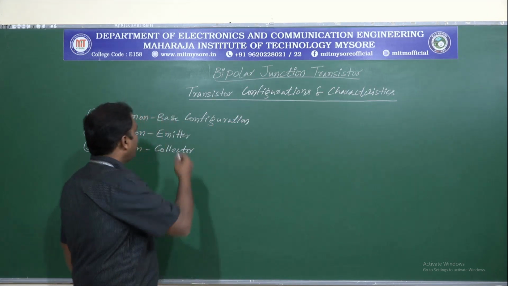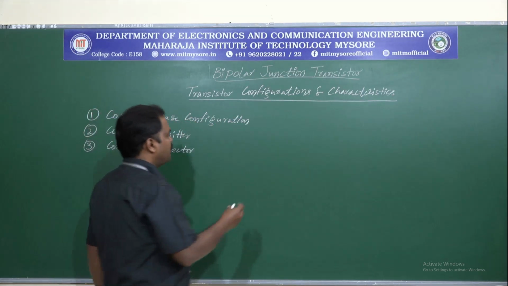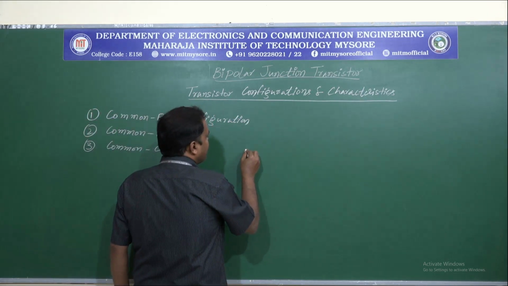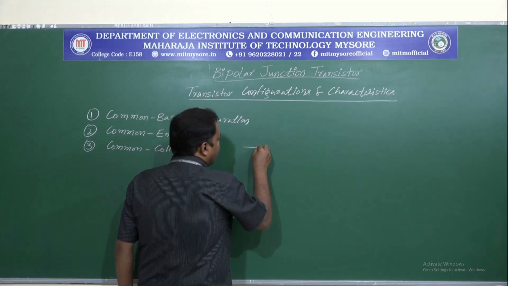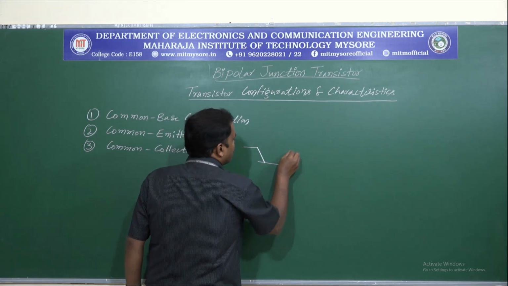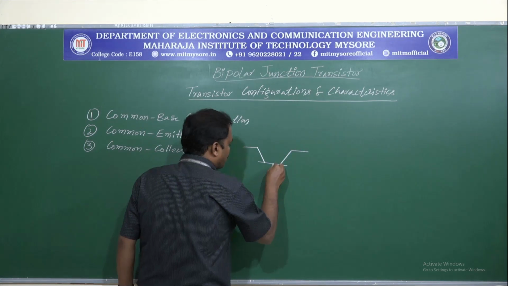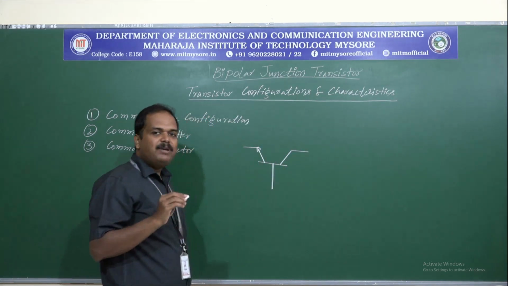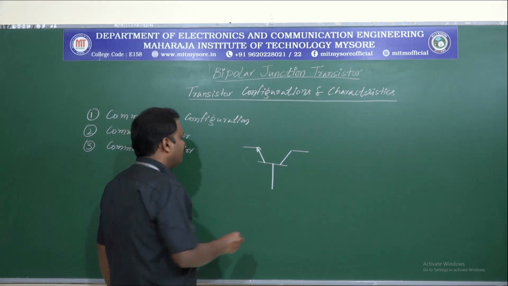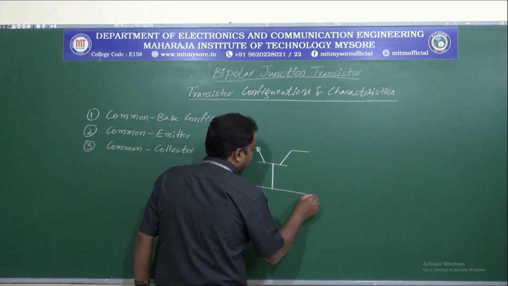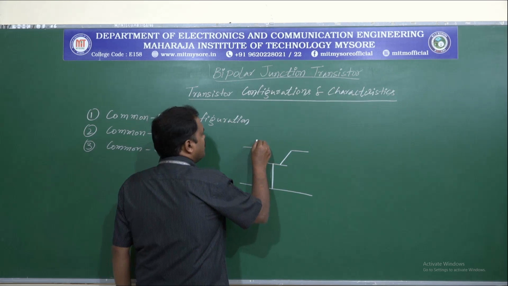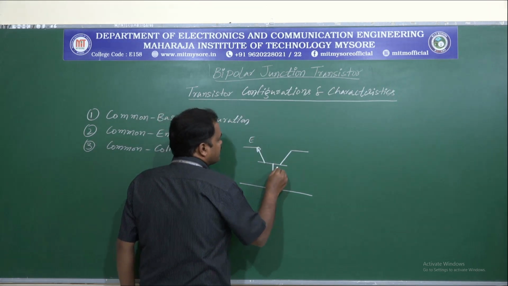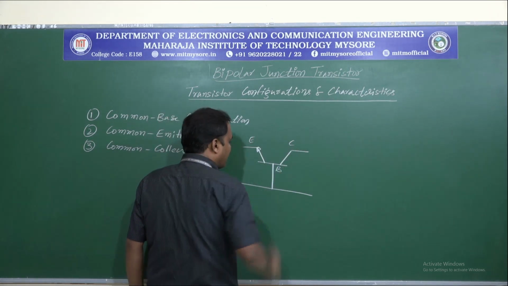When we say common base configuration, this is how a transistor is connected. I am considering an NPN transistor as the example or reference in this case. So this is emitter, this is base and this is collector.